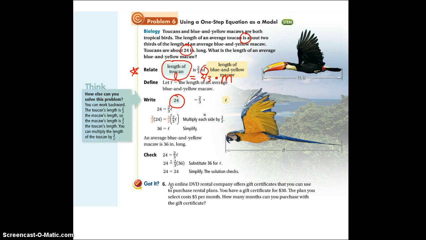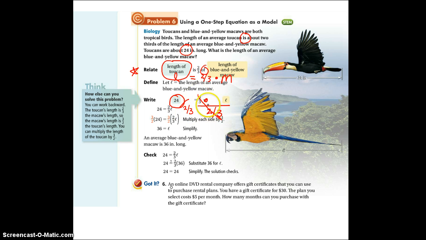So I can solve it one of two ways. I can either divide both sides by 2/3, because that would be the opposite of multiplying by 2/3. Or we can use the property we just talked about, where I multiply both sides by 3/2. So whatever you choose to do. Here they show you to multiply both sides by 3/2, but I'm going to show you that we can instead divide both sides by 2/3.